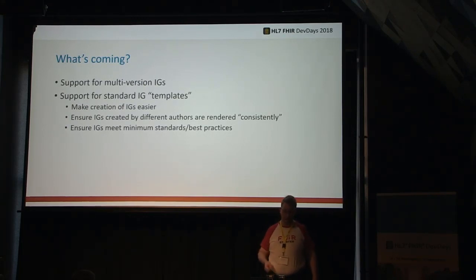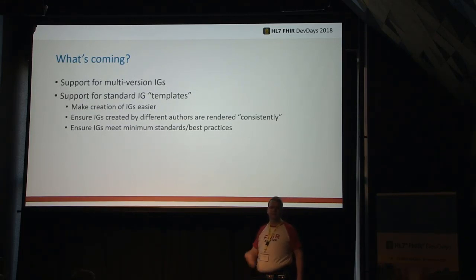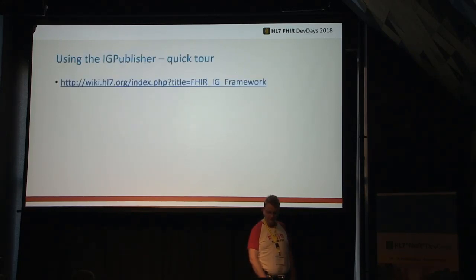You won't have to worry about that anymore. The other nice thing about the templates is that, in addition to consistency, it makes sure that your implementation guide is going to meet certain minimum requirements so that you could publish through HL7 and that implementers will have a somewhat consistent experience looking at different implementation guides.